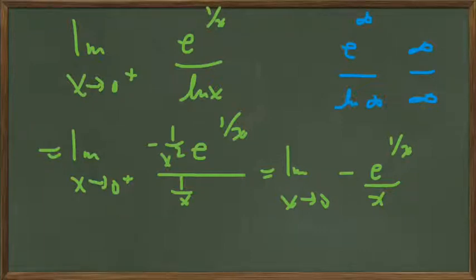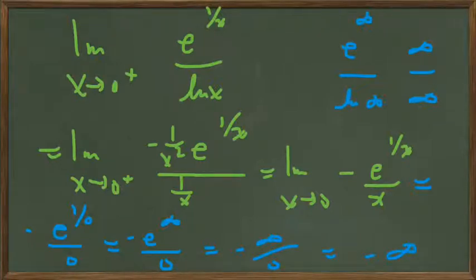We let x go to 0, and we see that the top is e to the 1 over 0, and the bottom is just 0. But e to the 1 over 0 is e to the infinity, and there's a minus sign out here, so it's minus infinity over 0, and so minus infinity is the limit of this problem.